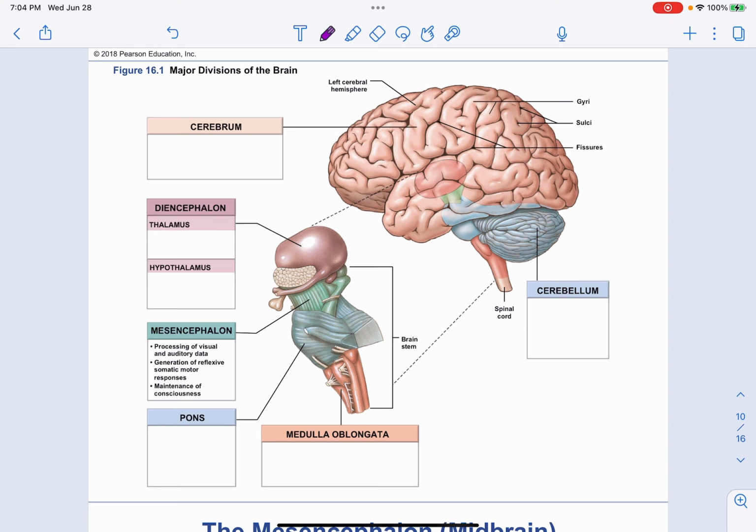And we are going to look at multiple systems here. So we're going to have processing of visual and auditory data. And this is going to generate, and I'm going to explain all of this on the next slide, reflexive motor movement, and we'll have some maintenance of our consciousness. So let's talk about what all of that means in a little bit more detail.